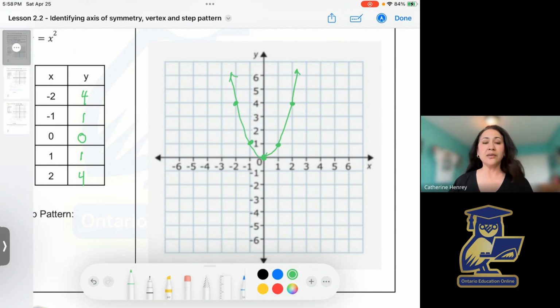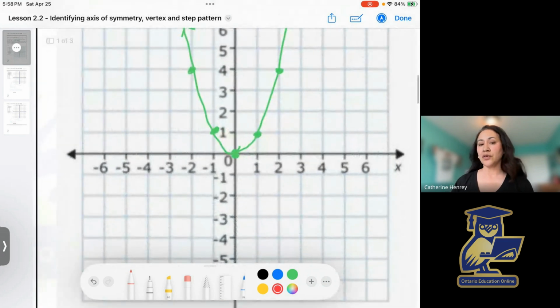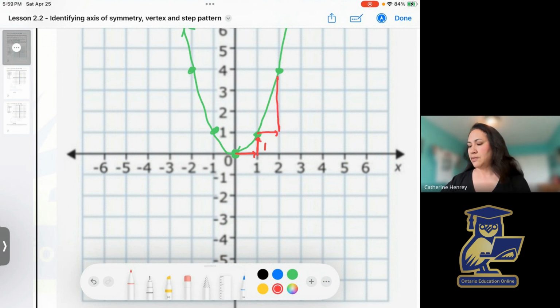Now let's talk about the step pattern. Let me change my color here and we're going to zoom in. So the step pattern refers to how the y changes when we move in the x direction. So if I start at the vertex and I move over 1, we can see that my y value goes up by 1. On the next change, if I move over 1, then my step goes up 1, 2, 3.